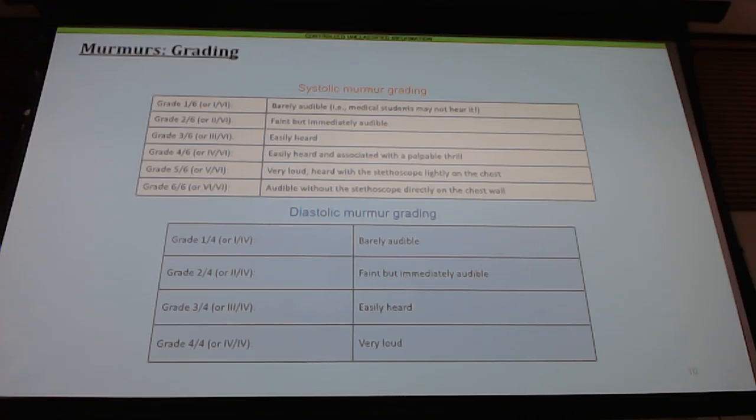So knowing that is important because you can communicate what you're hearing, but from a management standpoint, on the next slide again, we'll visit why grading this is important, because your management could be very different depending on the actual grade of that murmur. Diastolics just go through 1 to 4. So don't say you have a 5 out of 6 diastolic murmur, because there is no such thing. It just goes up to 4, and that's it.